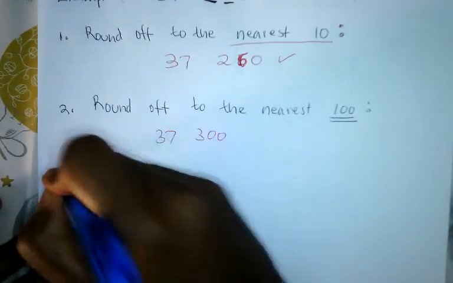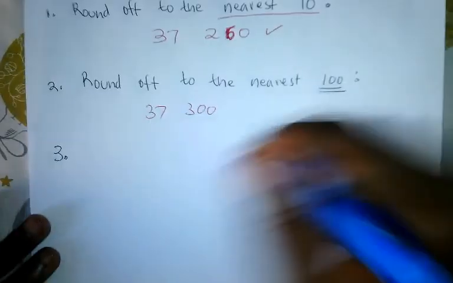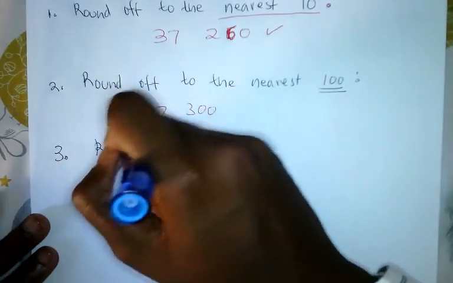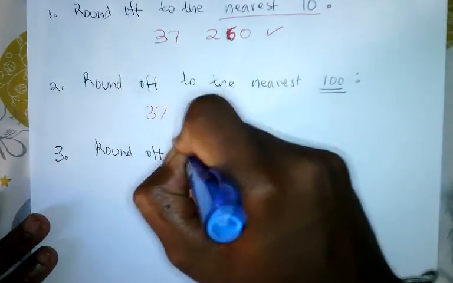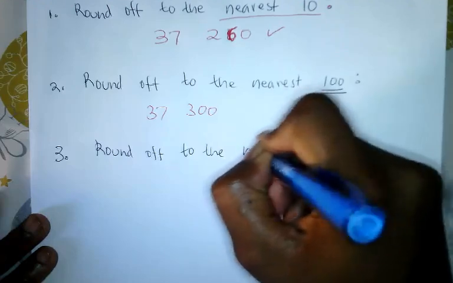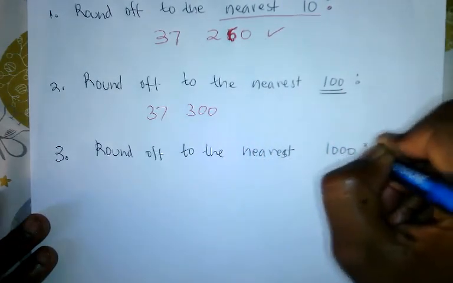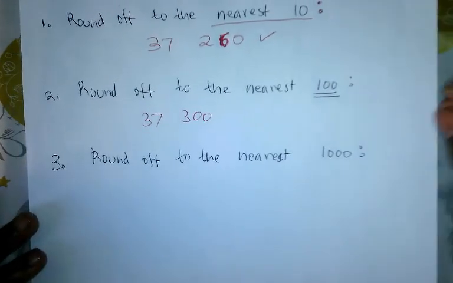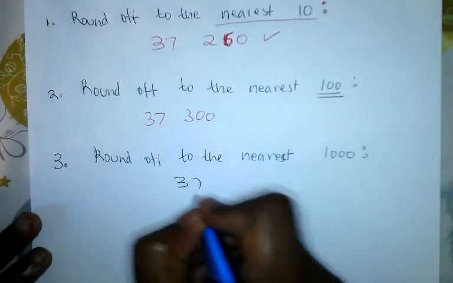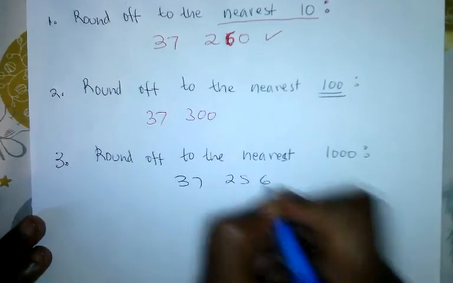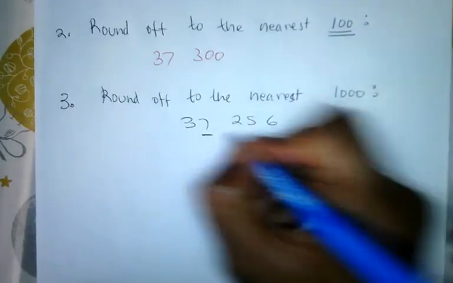Let's do the other one. Round off to the nearest what? 1,000 now. Okay, let me write down. The question is 37,256. 1,000, I'm going to weight by 7 here. Are we all clear? So what is the number next to 7?